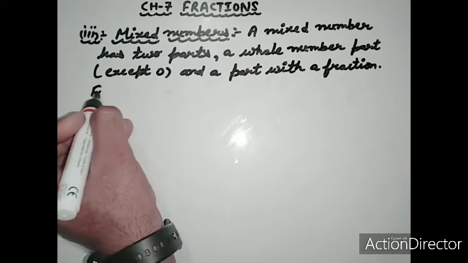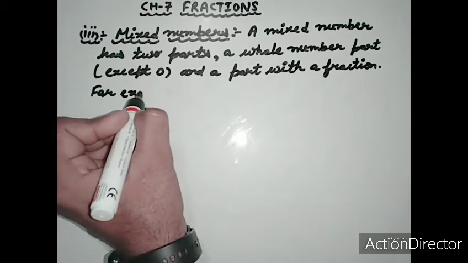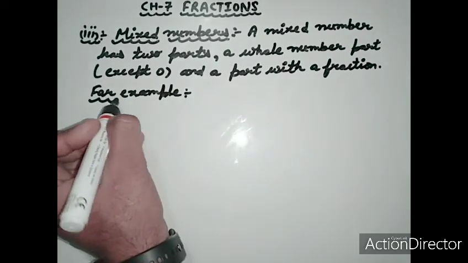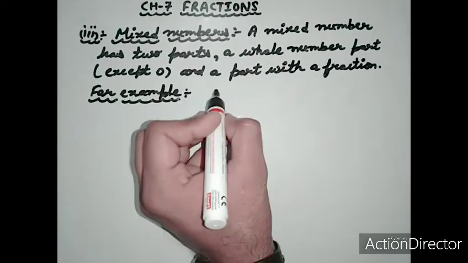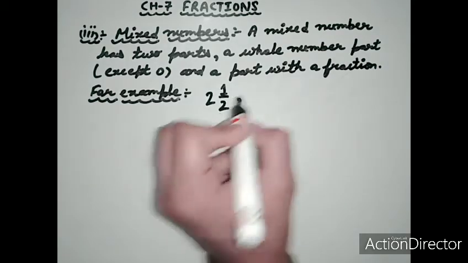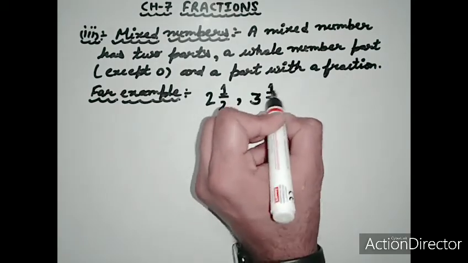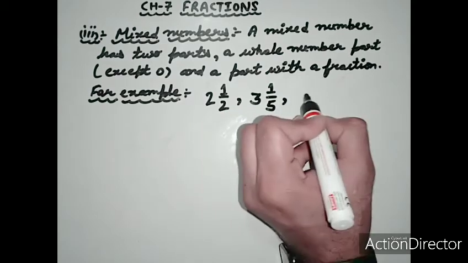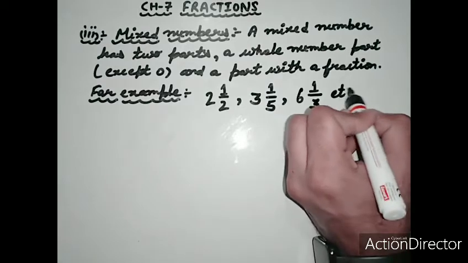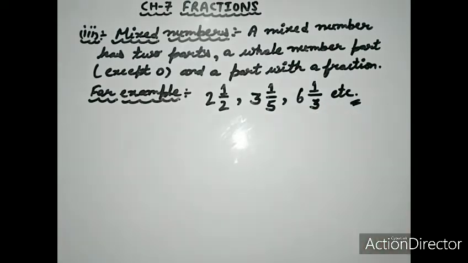Like for example, 2 whole 1 upon 2, 3 whole 1 upon 5, 6 whole 1 upon 3, etc. are examples of mixed numbers.